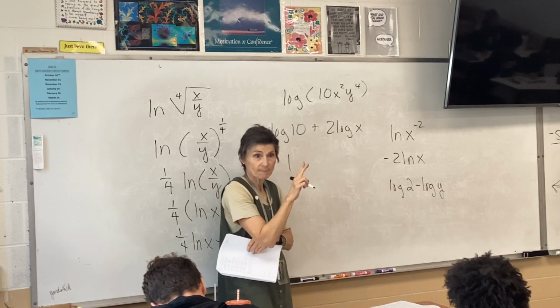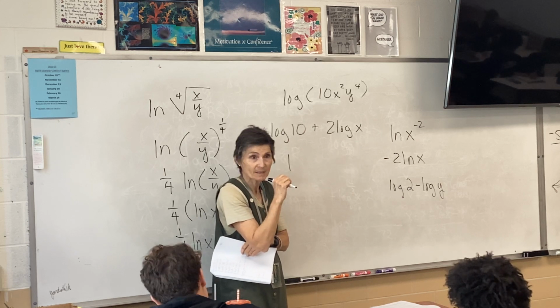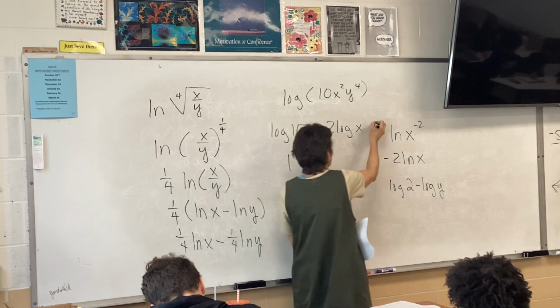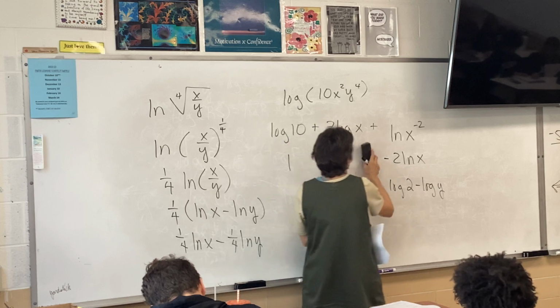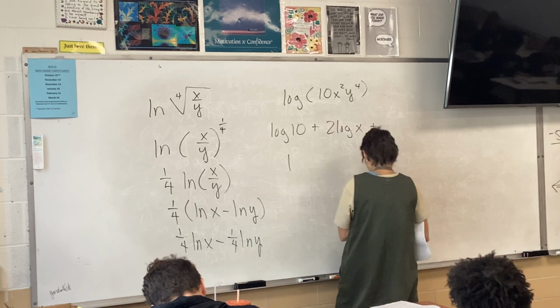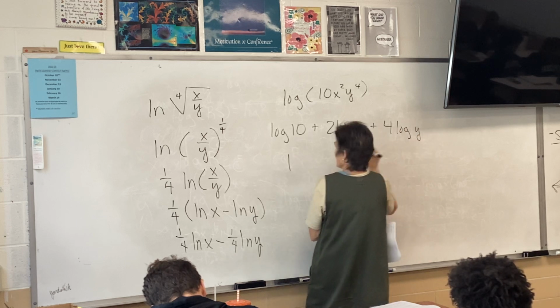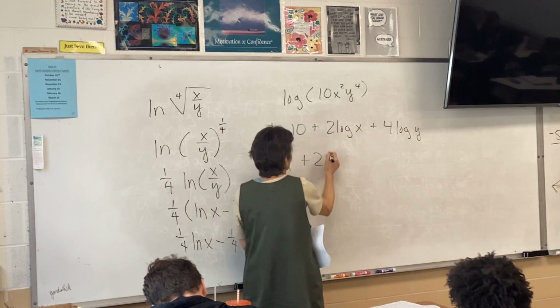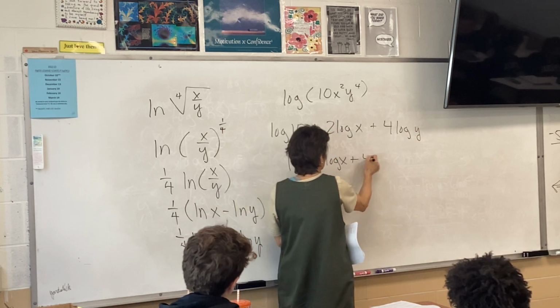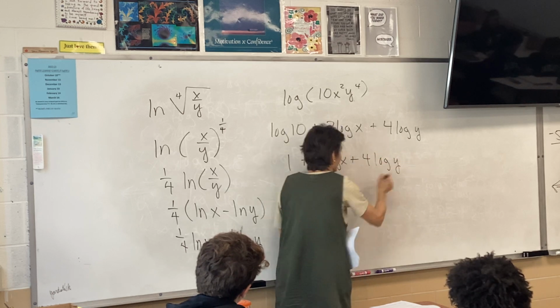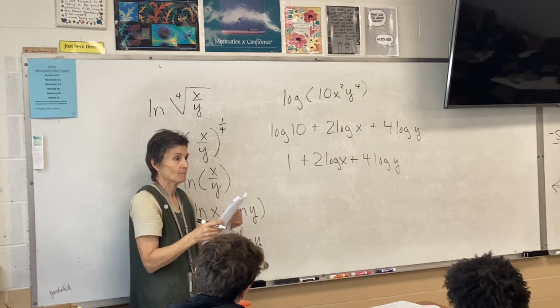You can do that in 2 steps if you need to, or in 1 step if that makes sense to you. Plus 4 log y. And then that's completely expanded now.